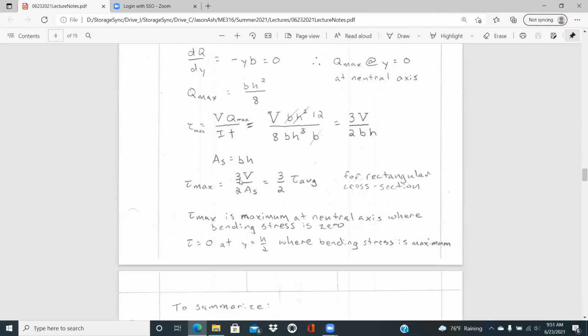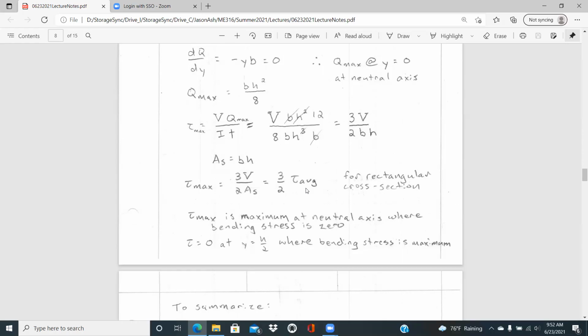And so we're left then with 3V over 2 times our shear area as our maximum shear stress, which tells us then that our maximum shear stress is equal to 3/2 times our average shear stress. So tau max is 1.5 times greater than if we were to just do a direct average shear stress type of calculation. And that's valid for a rectangular cross section.